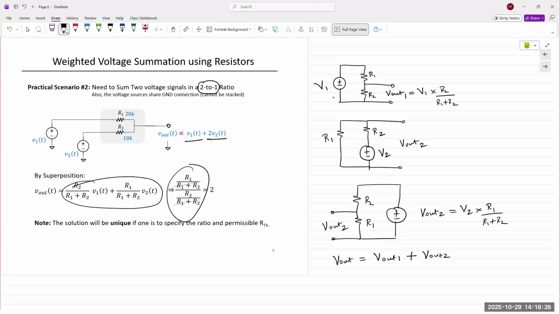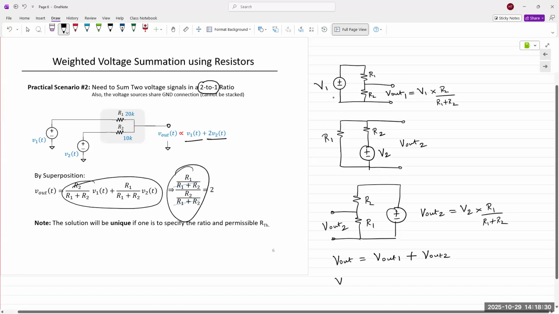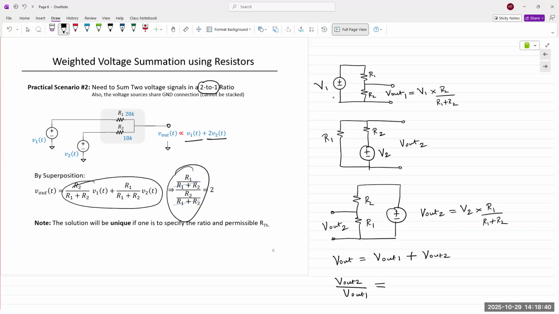So if we take V out 2 over V out 1, we can obtain a ratio of 2 for R1 and R2.